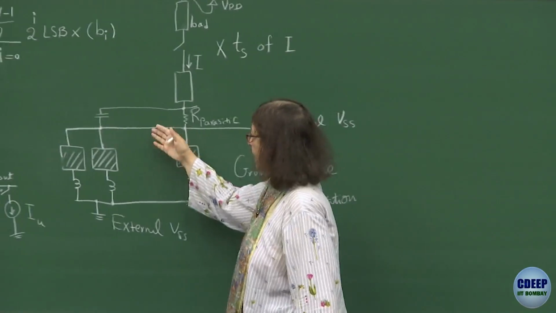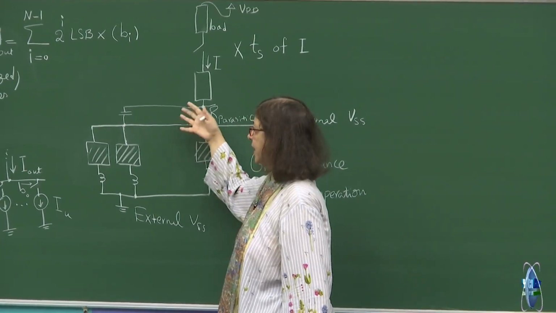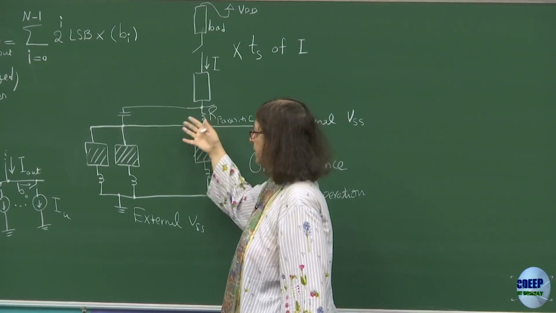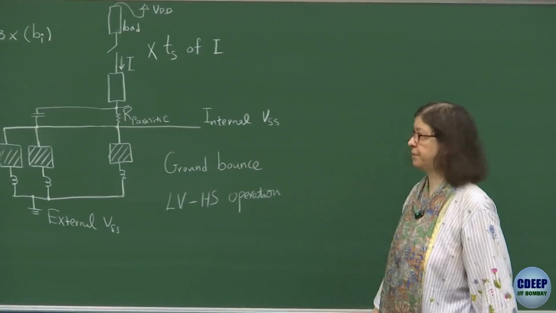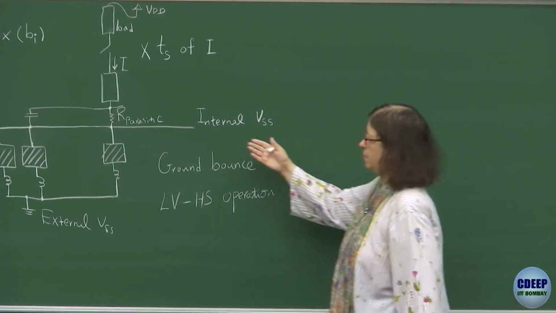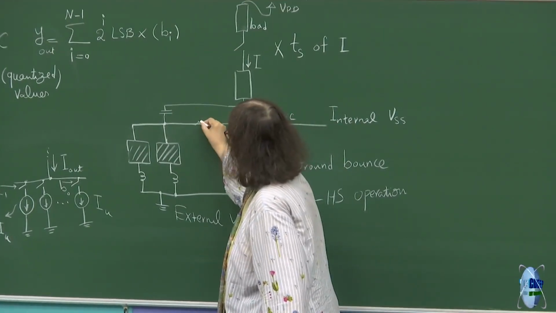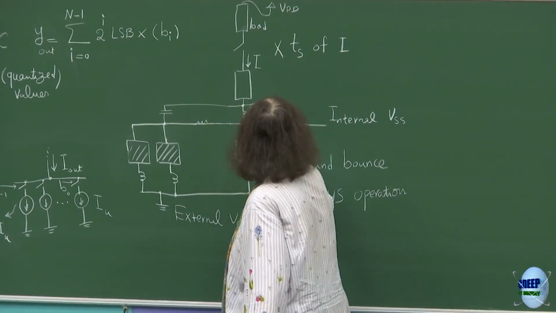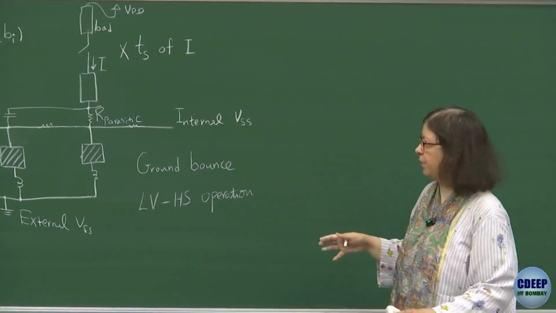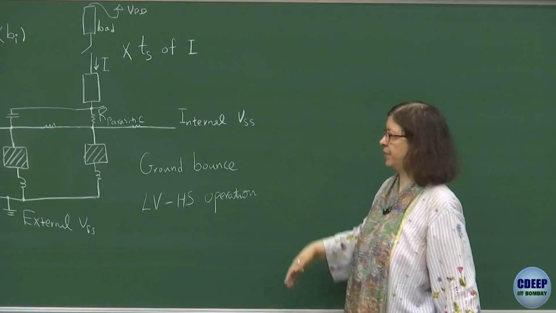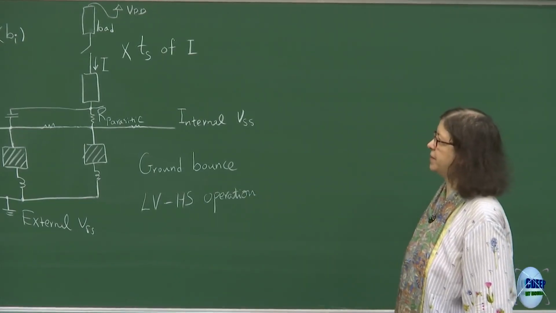That's why these lines need to be really, it's okay to have very high capacitance, but they are not supposed to have a very high inductance. Right now I'm just showing an ideal line, but actually here also you may have some series resistance of these lines. So all this RL network creates ground bounce, and that's why we try to avoid this.